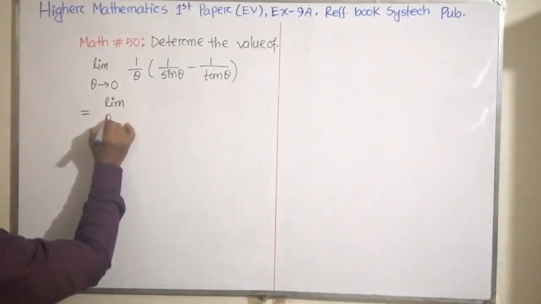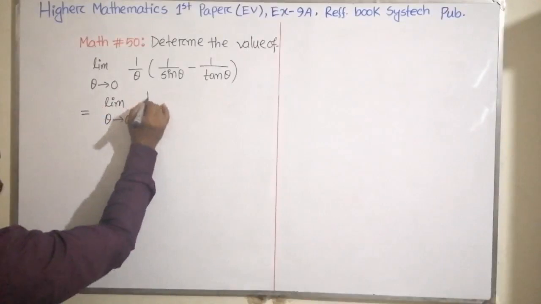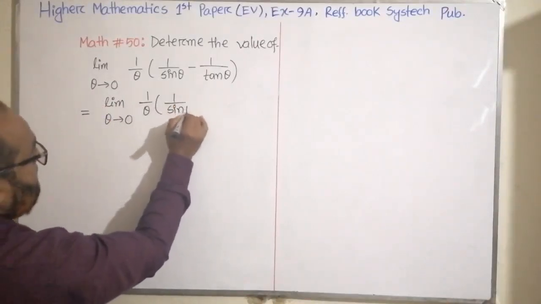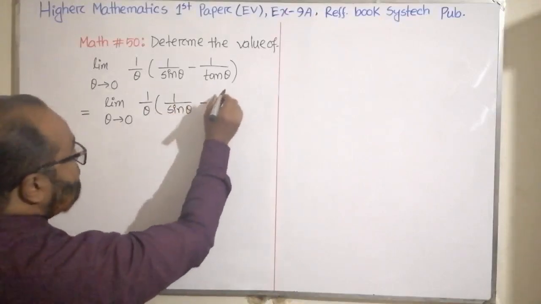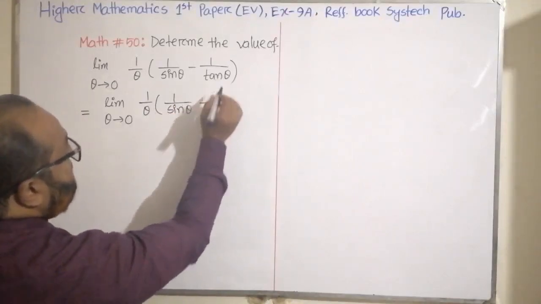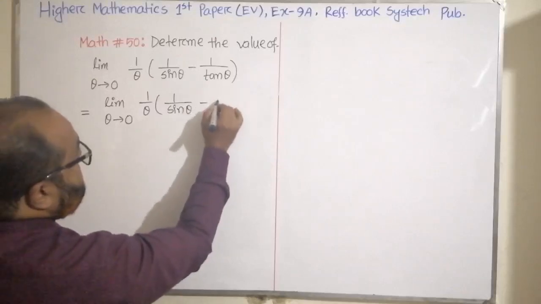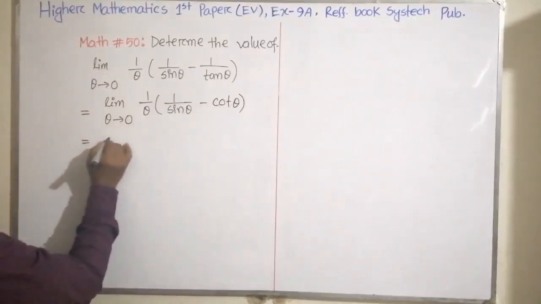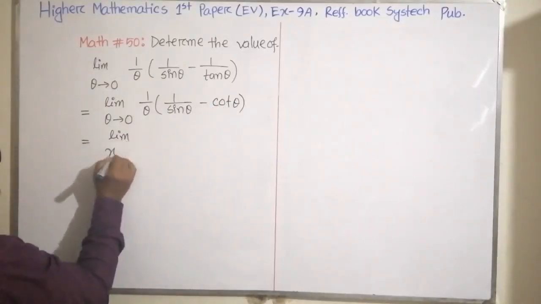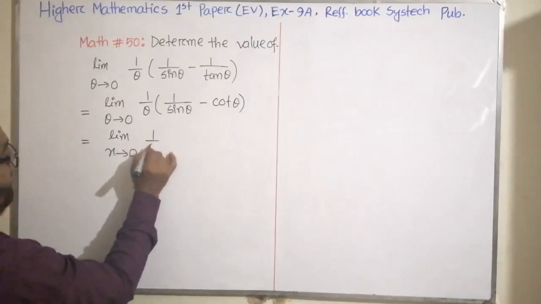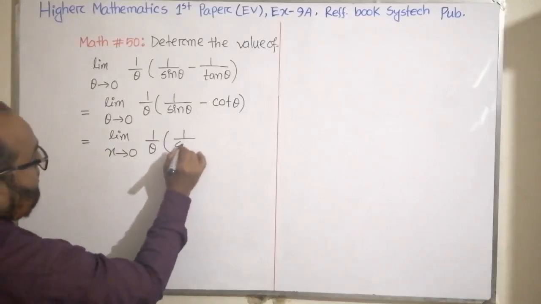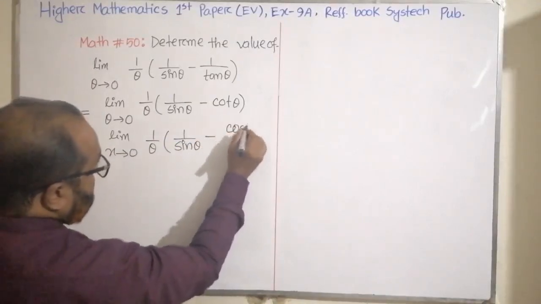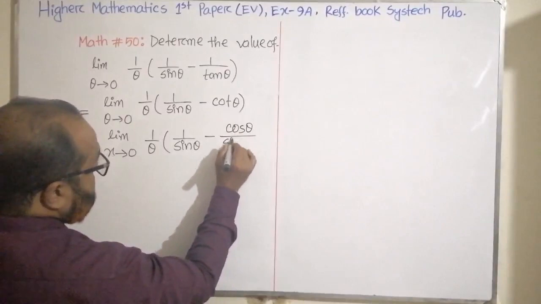Limit theta tends to 0, 1 by theta, 1 by sin theta minus, we can write this 1 by tan, this is cot theta. This equals limit theta tends to 0 1 by theta, 1 by sin theta minus cos theta divided by sin theta.